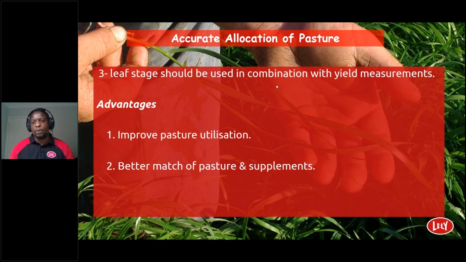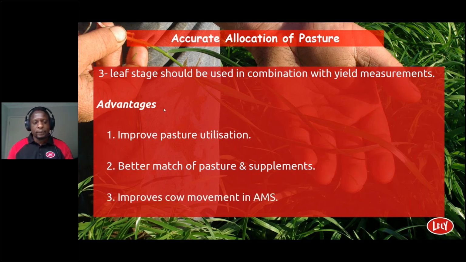For example, your yield measurements will tell you the quantity of pasture in that paddock, and tell you if there are any deficits which need to be filled with supplement. And when you consider your pasture quality information, you can identify the most limiting nutrient in that pasture, and you can balance it with the right supplement.